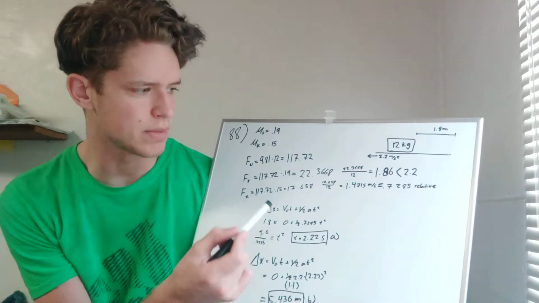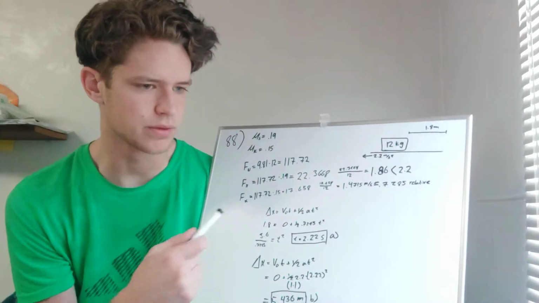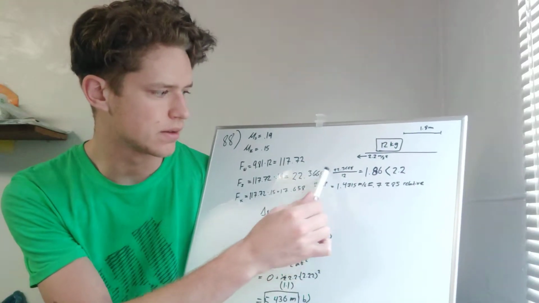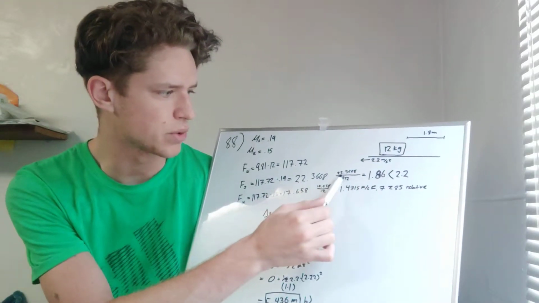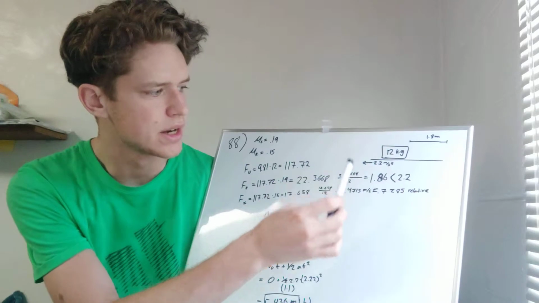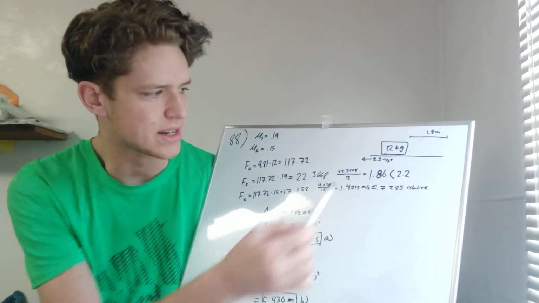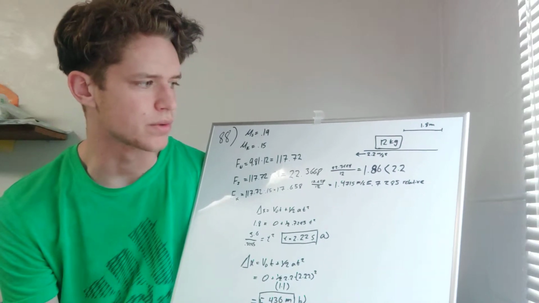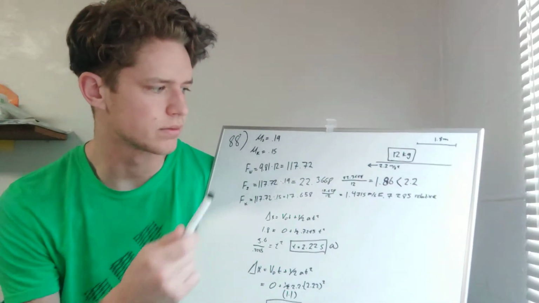And then force equals mass times acceleration, which means that force divided by mass equals acceleration. So I took this answer, divided by 12, because that's the mass of the box, and that equals 1.86, which is less than the 2.2, so therefore it is actually accelerating.